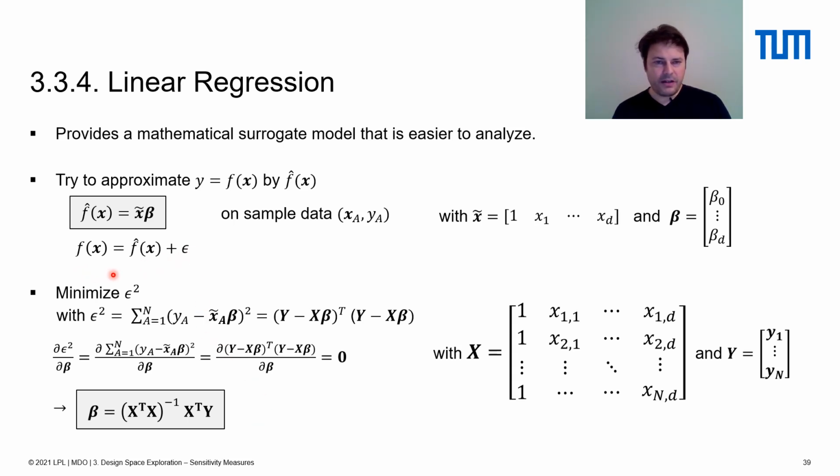So you can think of the regression function now as something that approximates f up to an error epsilon. And in order to adjust beta, we want to minimize the error. And since the math is easier if we minimize the square of the error, we do that.